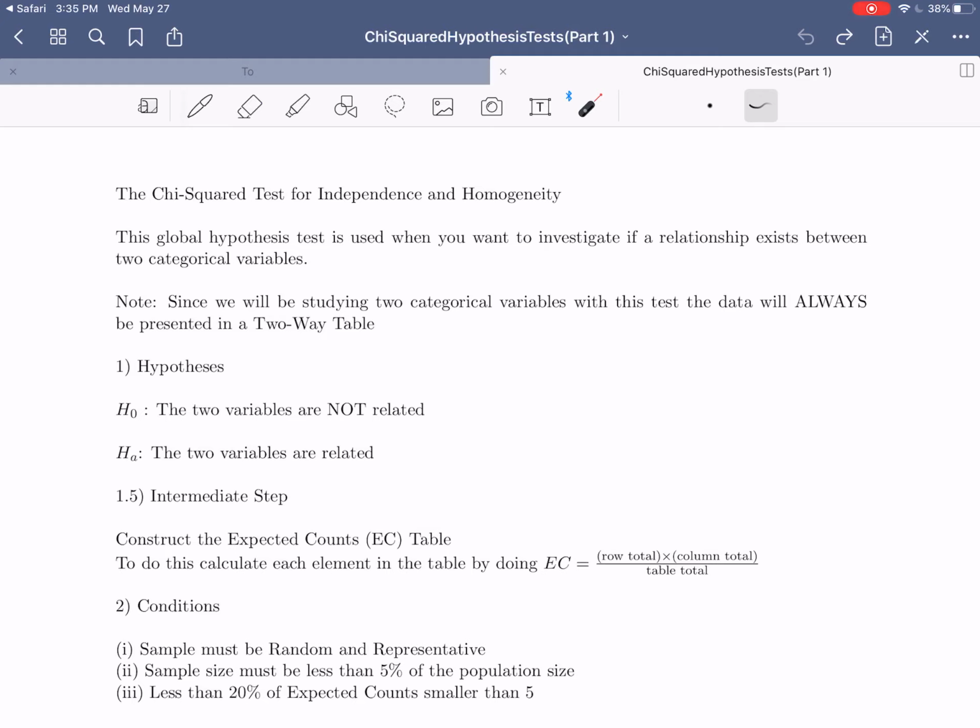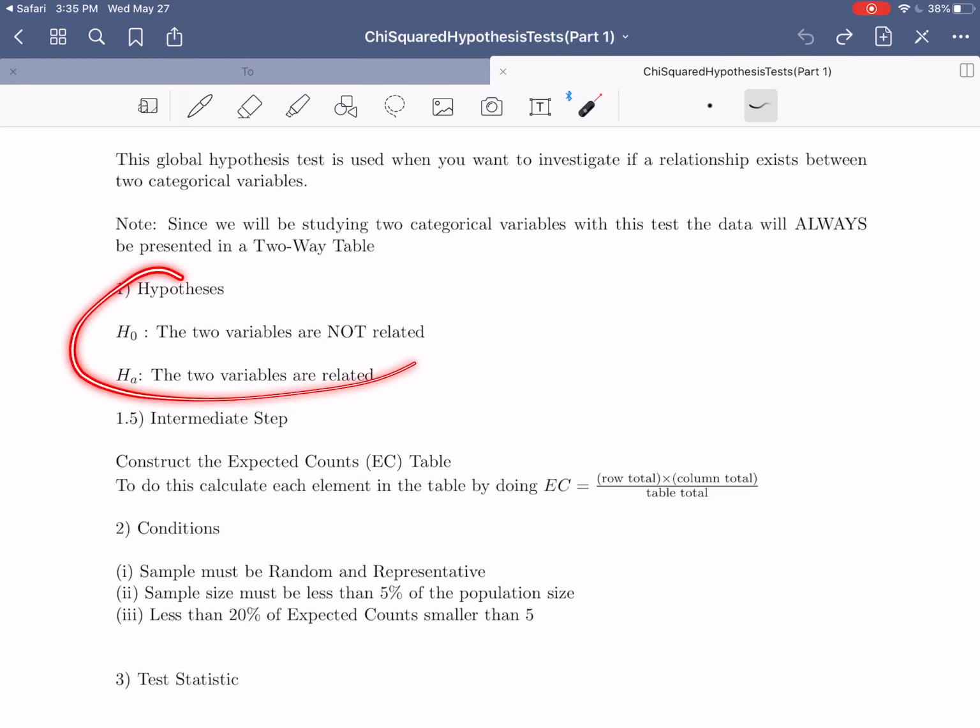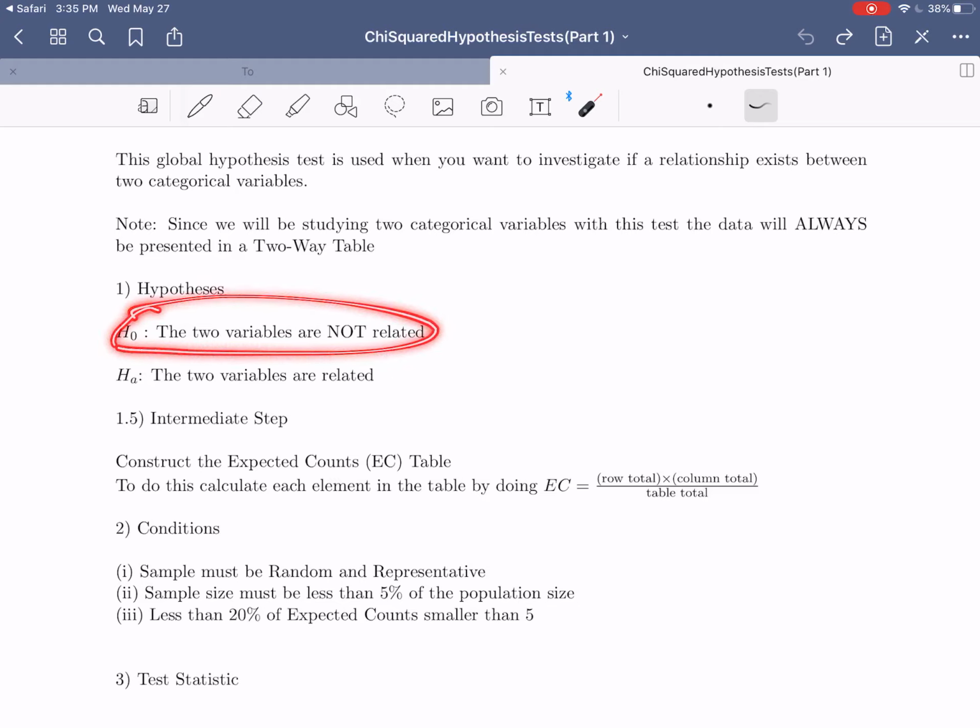All right, so even though it is a new type of hypothesis test, it still follows that same 5 main step procedure. So let's talk about what the hypotheses are going to look like. For a chi-square test for independence and homogeneity, the hypotheses are not written out mathematically, they're written out as sentences. So the baseline or null hypothesis is that the two variables are not related. This should make sense, right?